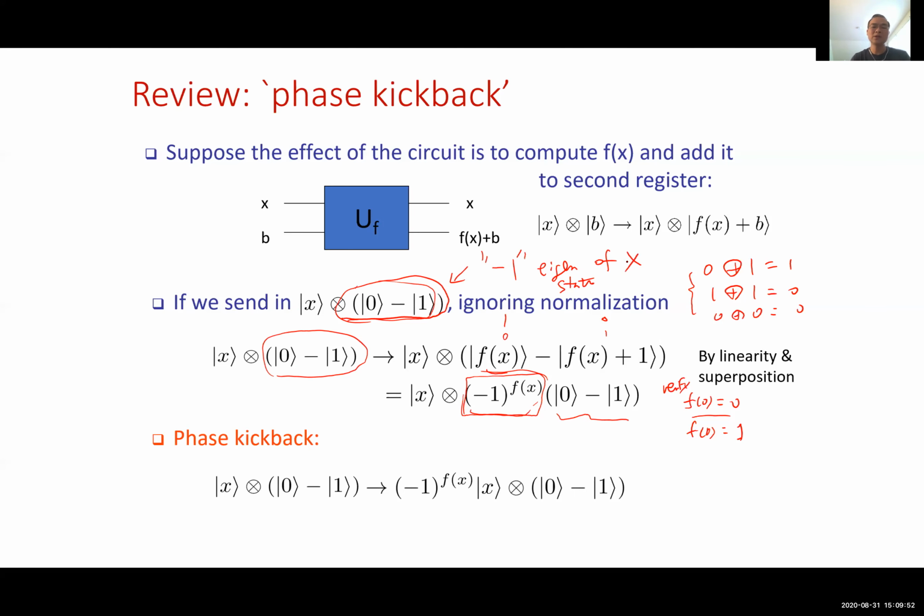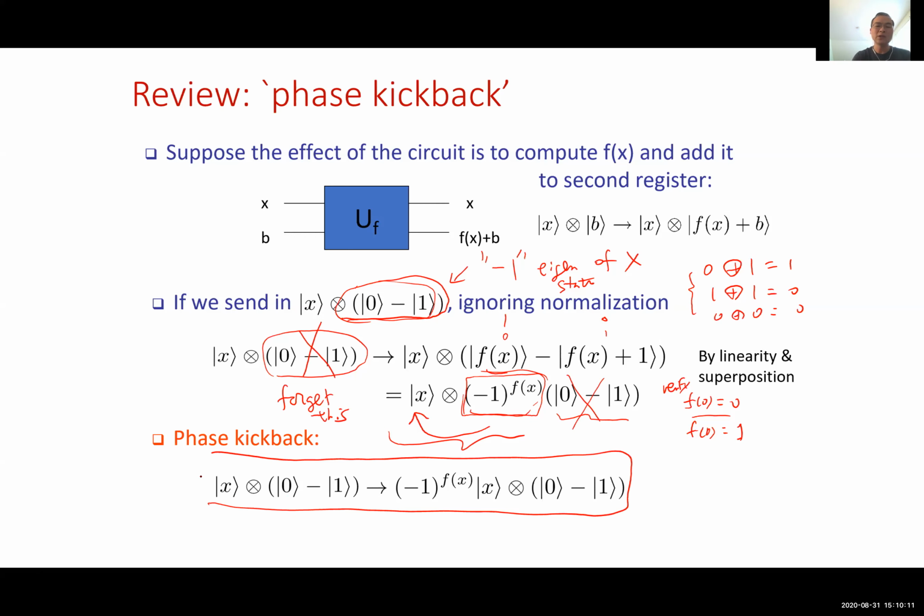So phase kickback basically says that the phase factor can be just included here, and you forget about this. Okay, so this is easier for you to analyze. Then I can totally forget about the B register. I can get the X coming through the black box, and it acts as if there's an additional phase factor. So I can forget about the second minus input. This is the essence of phase kickback.